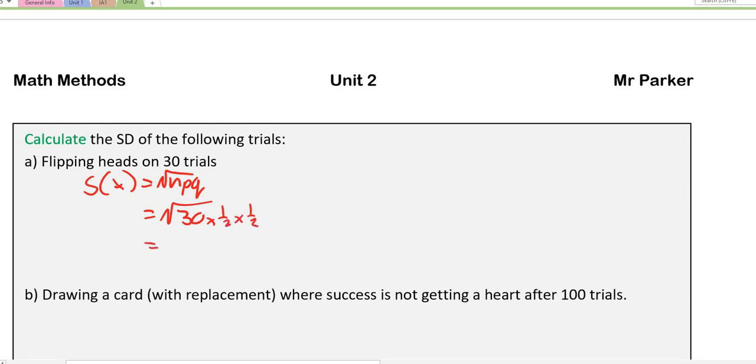You guys are going to have to tell me what that's equal to. It shouldn't be that low.